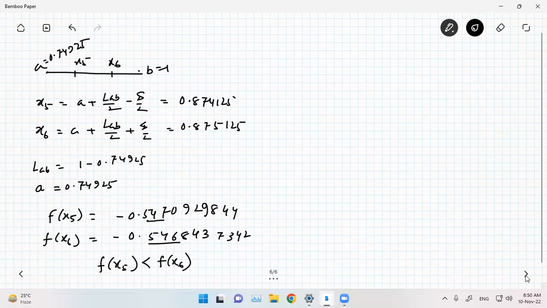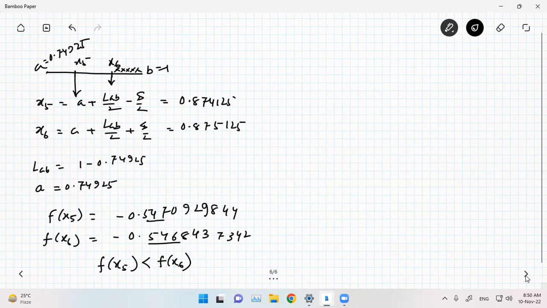Okay, so for your new interval of uncertainty this time, which one is smaller? This is smaller than this one. So we can discard this portion, basically.